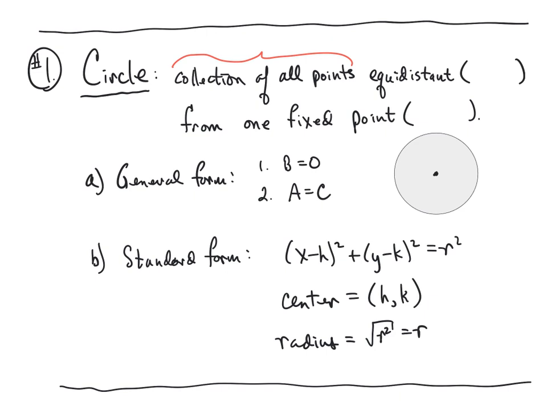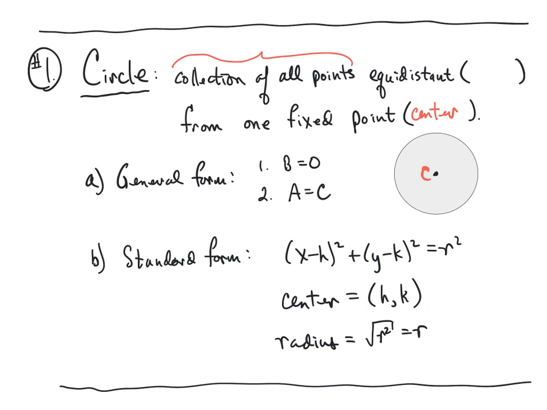Okay, for a circle, the definition is collection of all points equidistant from one fixed point. And I've left a couple of parentheses there because I want to define the equal distance and I want to define the fixed point. Okay? Now the fixed point we call the center of the circle, and I'm going to use a C to denote that on my first picture here.